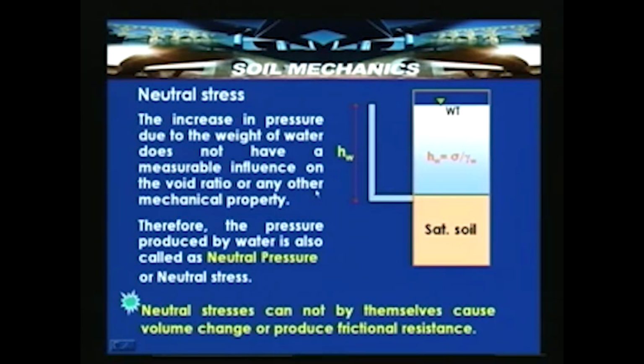So the properties remain unchanged. When the properties remain unchanged by virtue of this water pressure, because this neutral pressure cannot by itself cause volume change or produce any frictional resistance, pore water pressure is also called neutral stress.